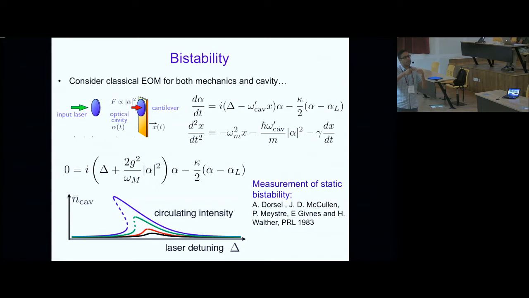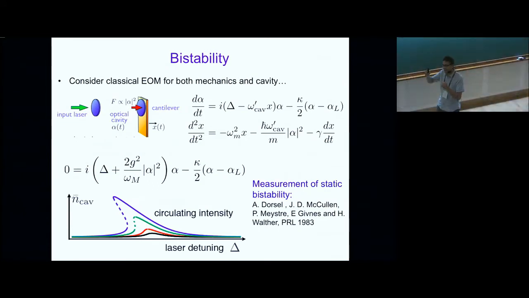First of all, the modes are high Q, so the line width of each mode is much, much smaller than the free spectral range. And then on top of that, the free spectral range is much, much bigger than the mechanical frequency. So the idea of just focusing on a single optical mode talking to your mechanical resonance, and not worrying about the fact that the mechanics could couple different optical modes, is a great approximation.